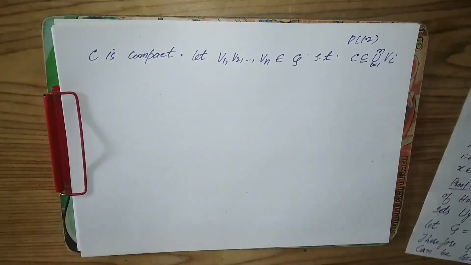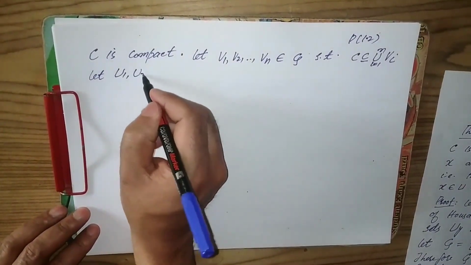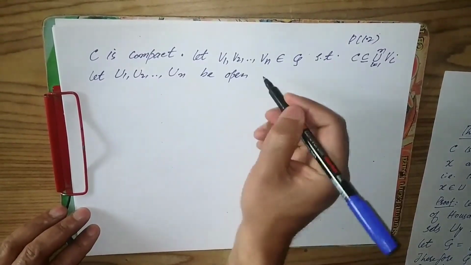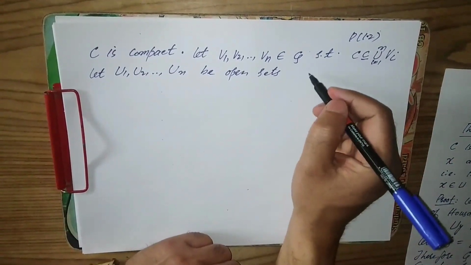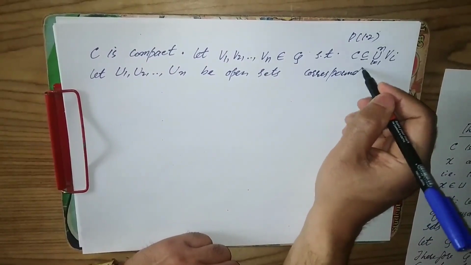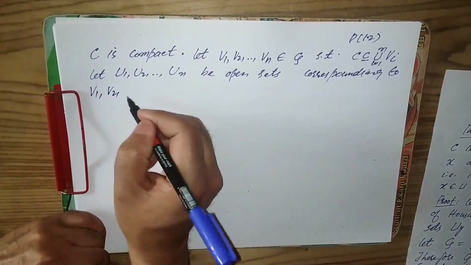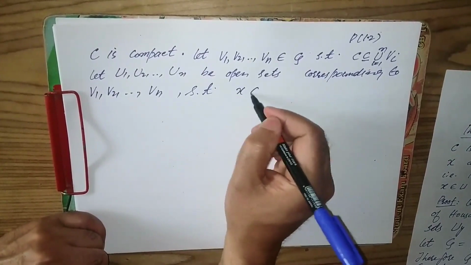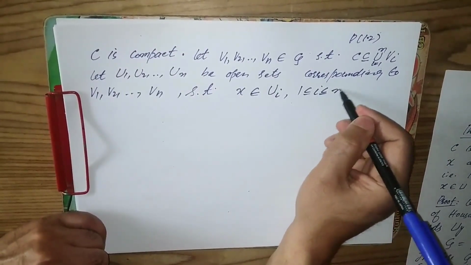So let U1, U2, so on, Un be open sets corresponding to V1 up to Vn, such that x belongs to Ui, 1 less or equal to i less or equal to n.